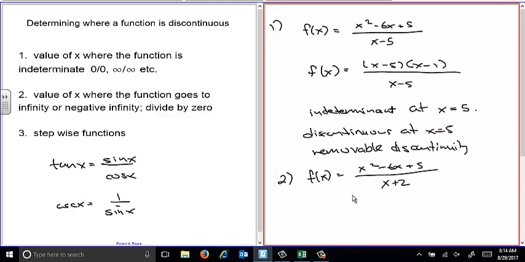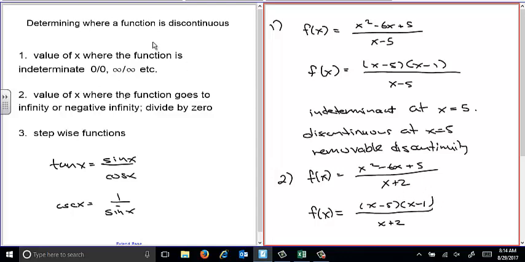Now here, the second case, again, we have to factor it to see which. Don't always assume that this is the answer. You always have to factor it. The numerator is the same, so it's not too hard to factor. In that case, there is no indeterminacy.